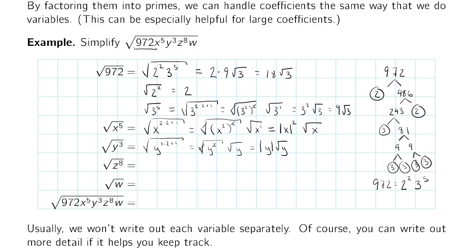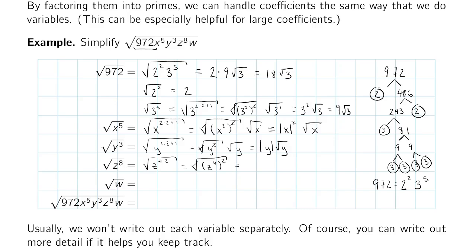Okay, square root of z to the 8th. Oh, well, 8 is a multiple of 2, right? This is the square root of z to the 4 times 2. So this is the square root of z to the 4th squared.